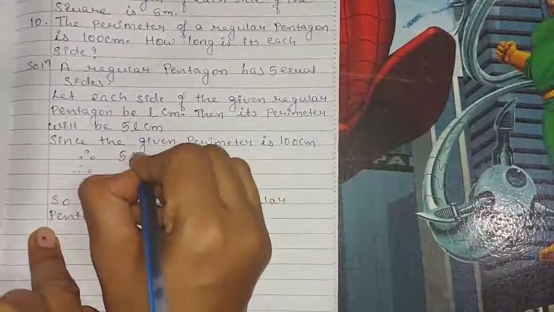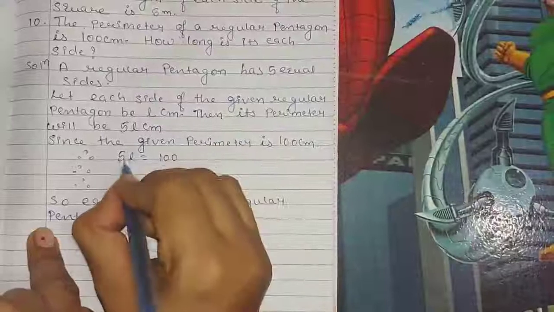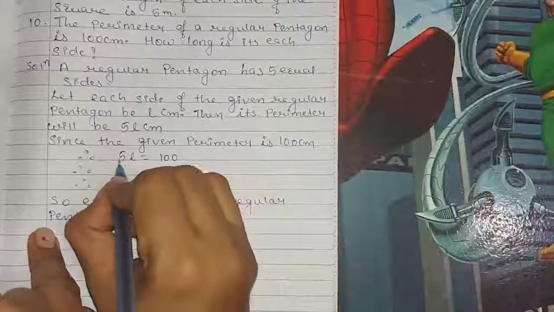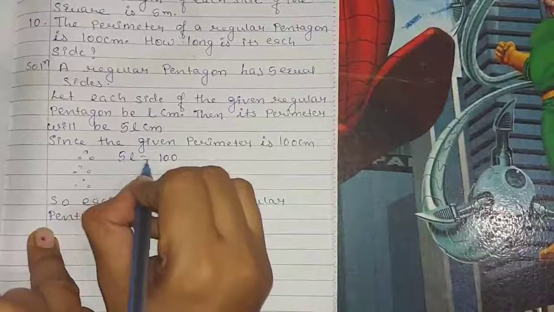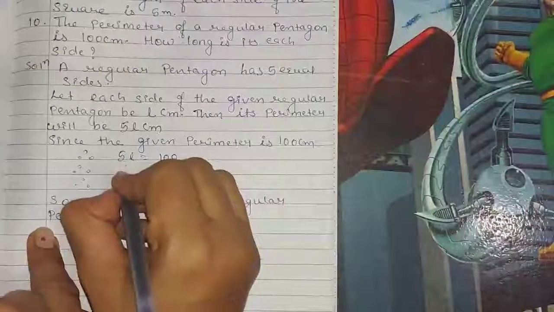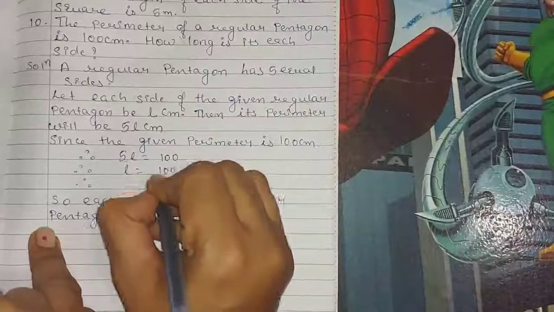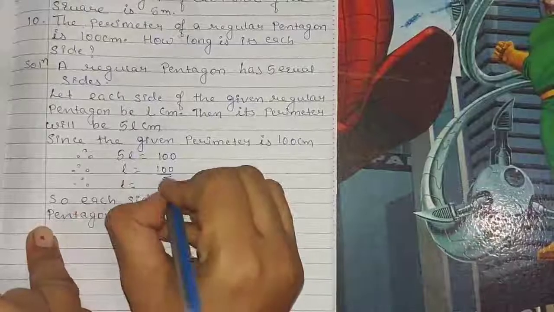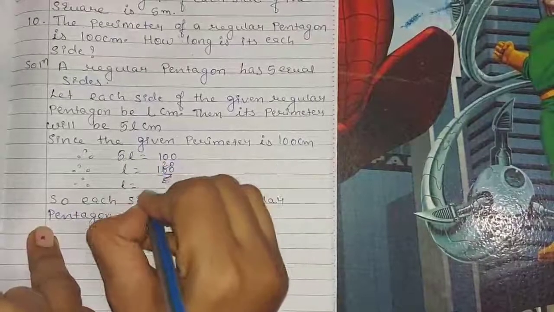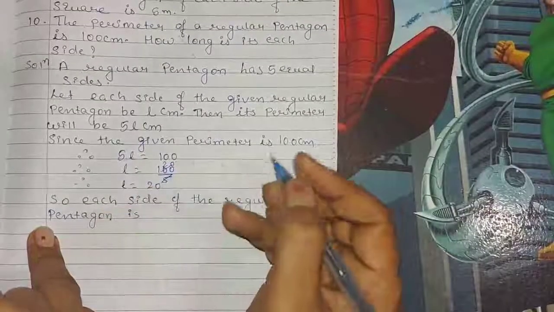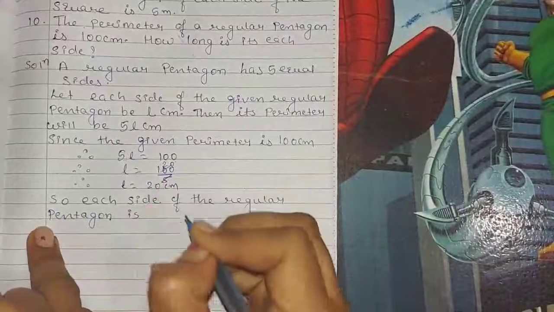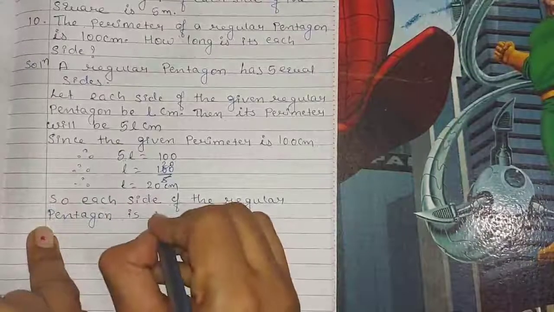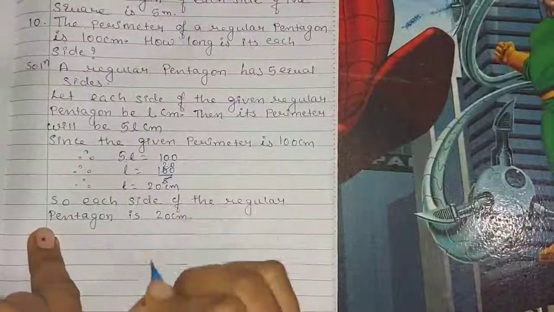Therefore 5L equals 100. Now L equals 100 upon 5. So length equals how much? 5 ones are 5, 5 twenties are 100. So L equals 20 centimeter. Therefore each side of the regular pentagon is 20 centimeter.